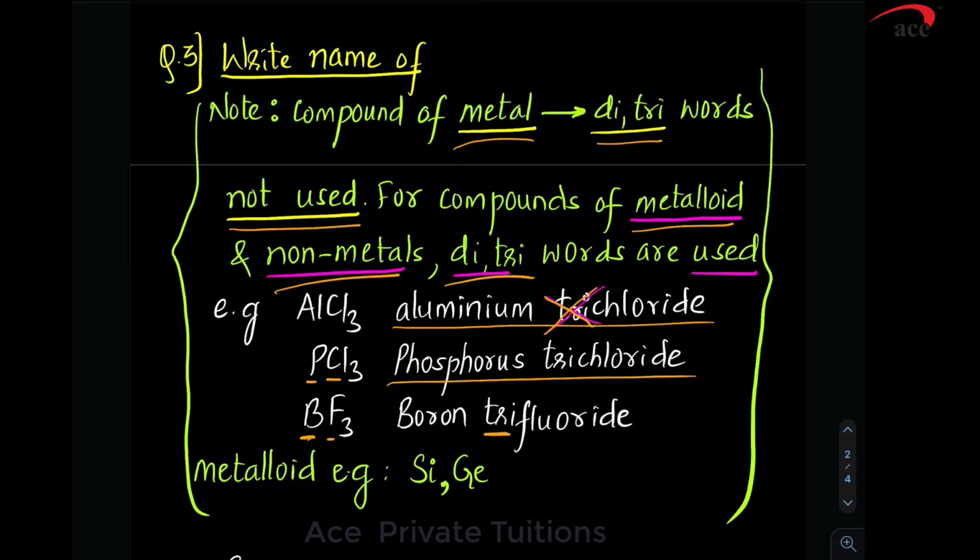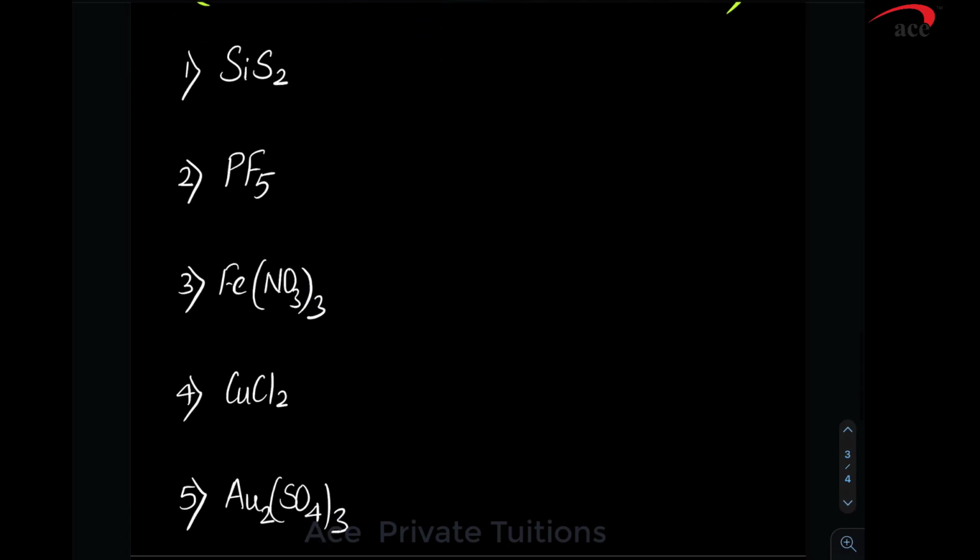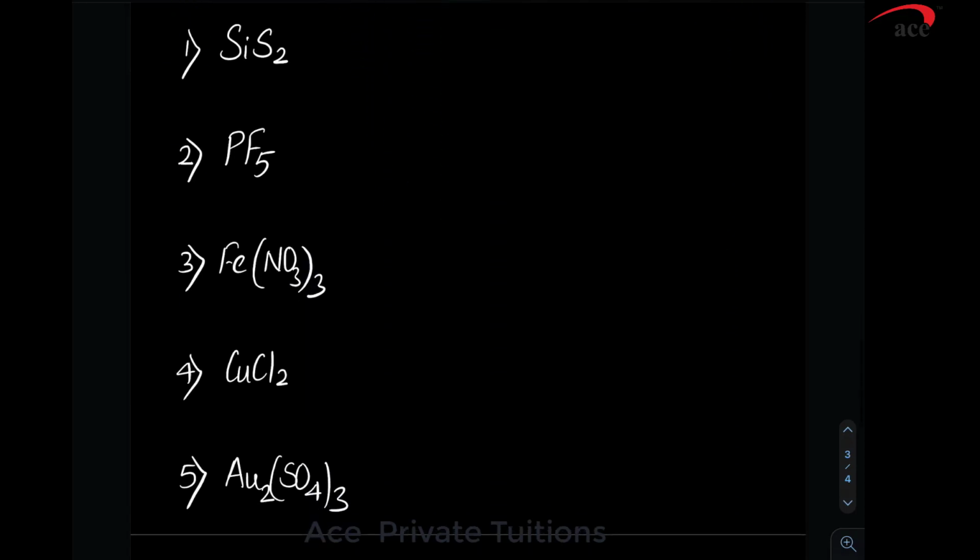And here boron trifluoride, because boron as well as fluorine are non-metals. Now if you have understood this logic, then try writing the names of these 3 displayed compounds. Pause this video and write down the name. I suppose you would have done it.